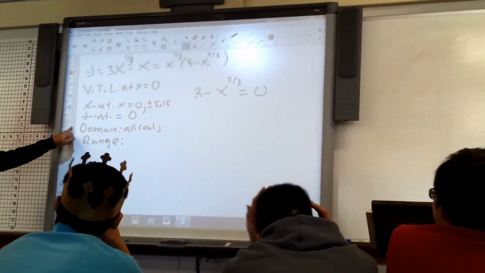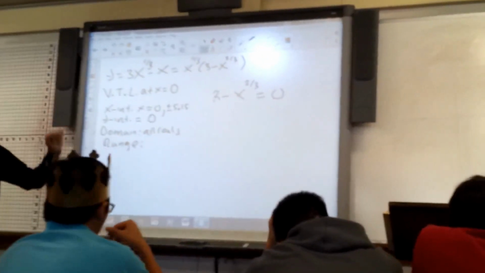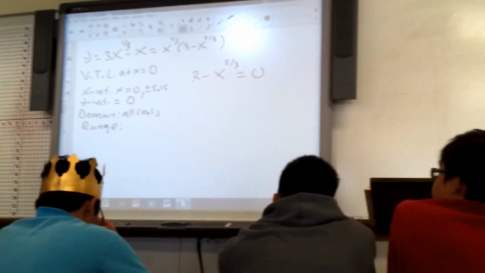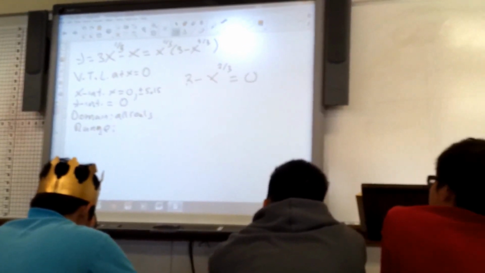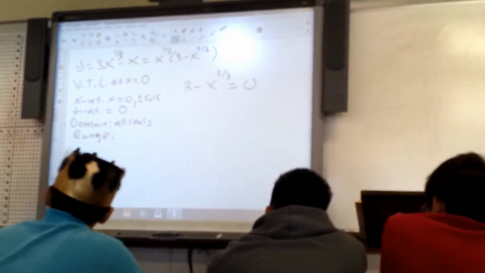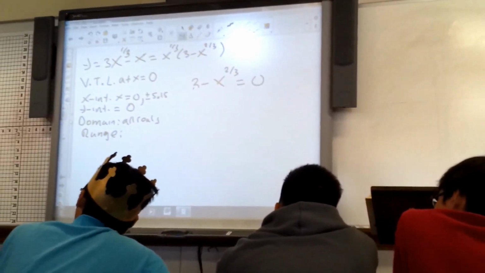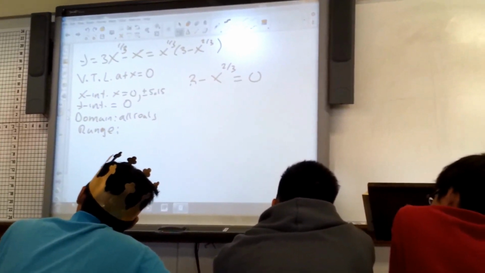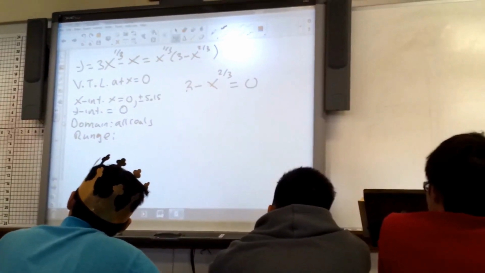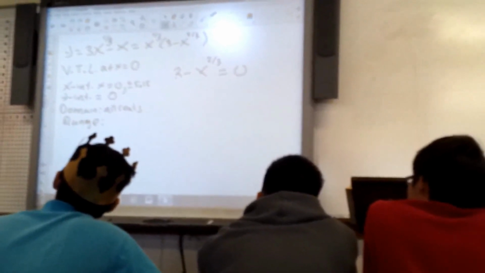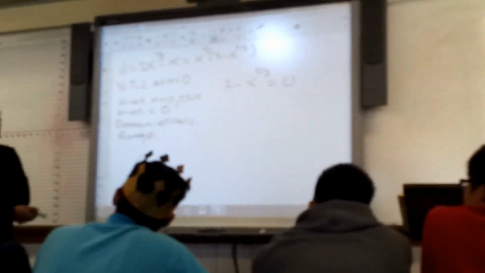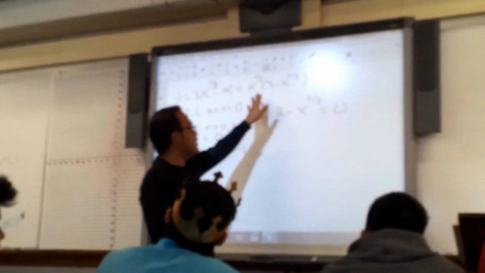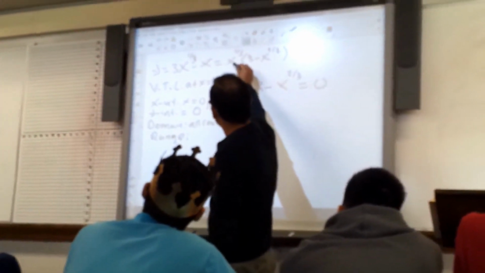All right, let me take the derivative. For the vertical tangent, you said if you want to find a vertical tangent line, you have to factor it out. I know there's a vertical tangent line, but to know where that is, I factor that. When I set this equal to 0 and solve for x, this one would give me 0.